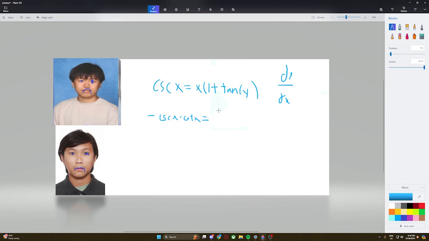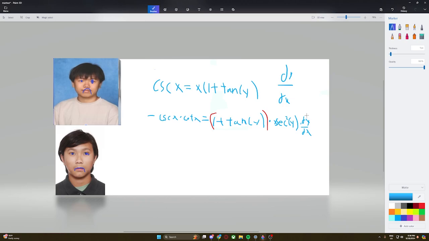So the product rule, that's just 1 plus tan y times secant squared y times dy dx, and also next one.